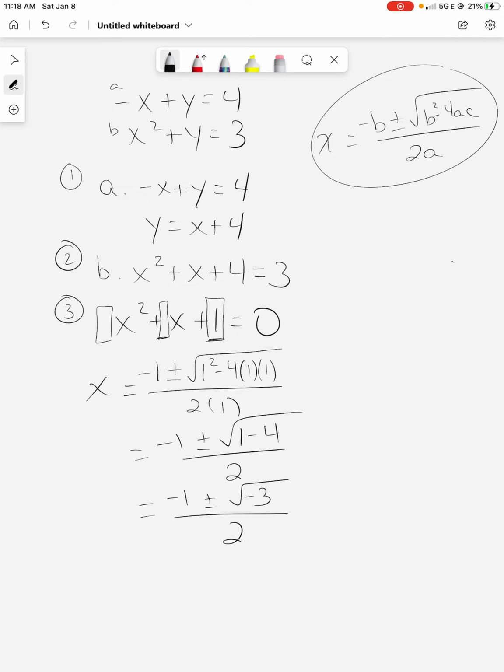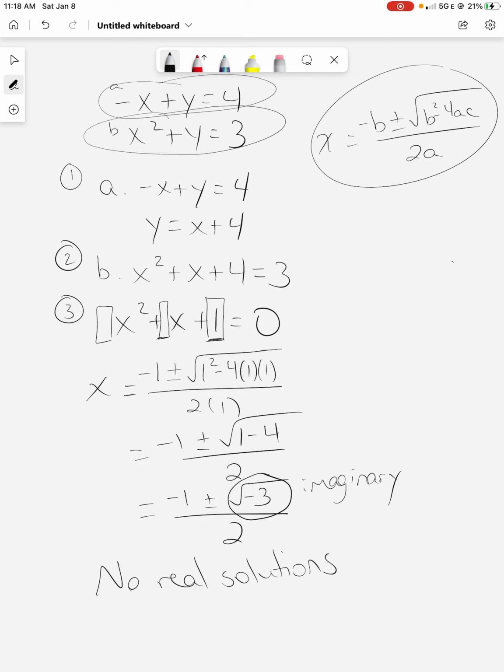Well, you should remember that when you have a square root of a negative number, that's imaginary, right? It's not a real number. So what happens in this system of equations is that there are actually no real solutions. There are no real numbers that you can put in there and have it be true.